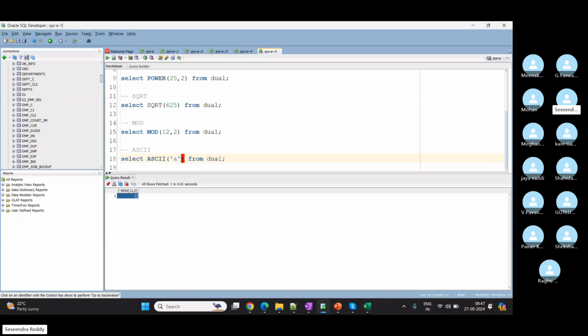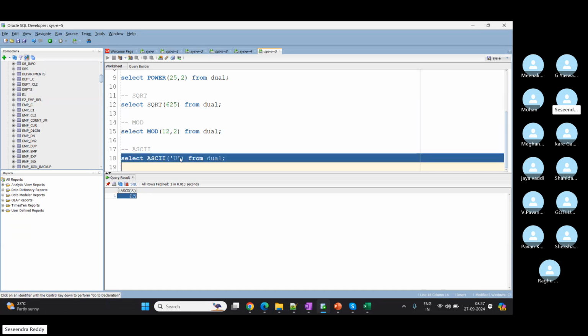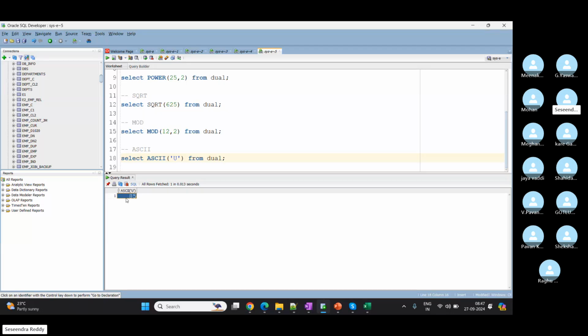For every character from A to Z there is one ASCII number. If I say ASCII of lowercase a, we get one number, 97. Same way for uppercase A, there is another ASCII number, 65.